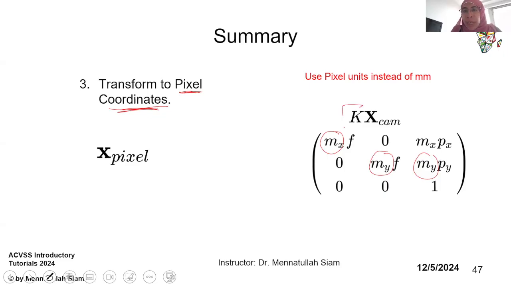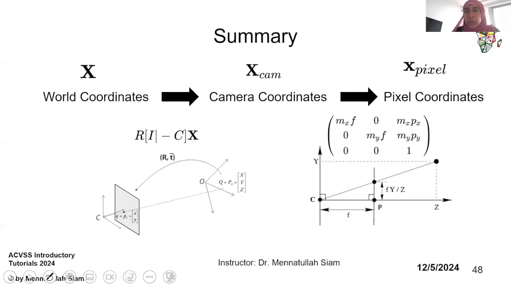So the final K here includes going directly to pixel coordinates instead of relying on the focal length in millimeters and the principal point. In total, going from world to camera to pixel coordinates, this is the full pipeline.